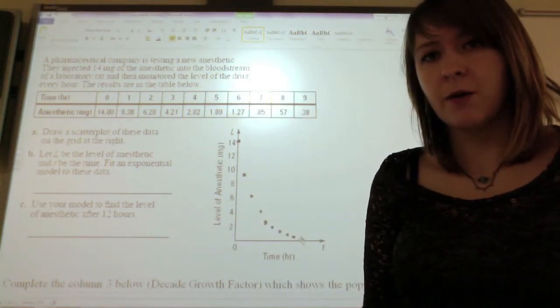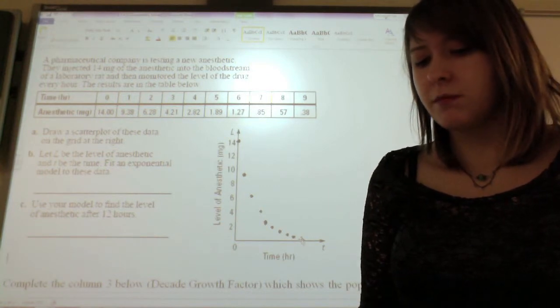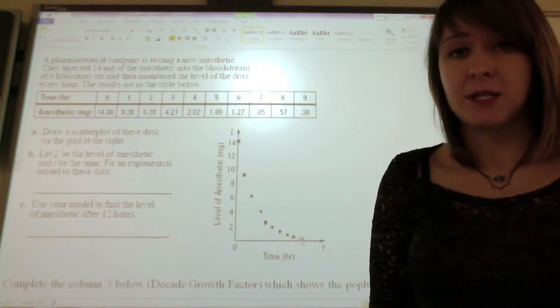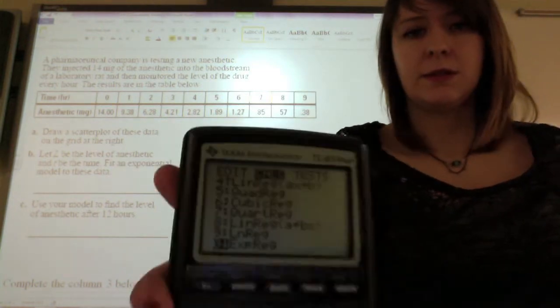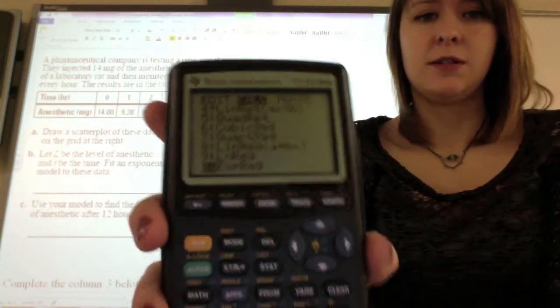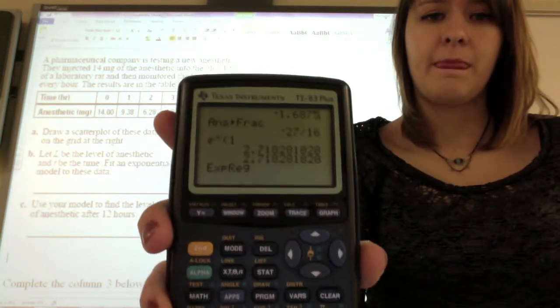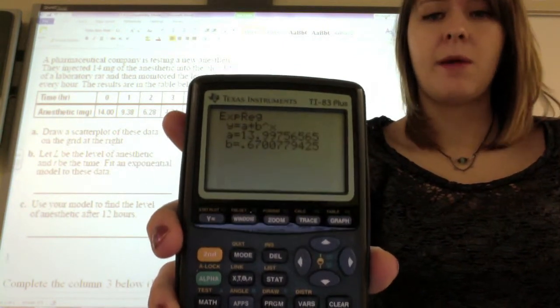I'm going to arrow over to Calc. I'm going to go down to EXP-REG, which is, I believe, number 10. Okay, so it looks like this. Then you're just going to hit Enter, and hit Enter again. And it'll pop up with your equation.